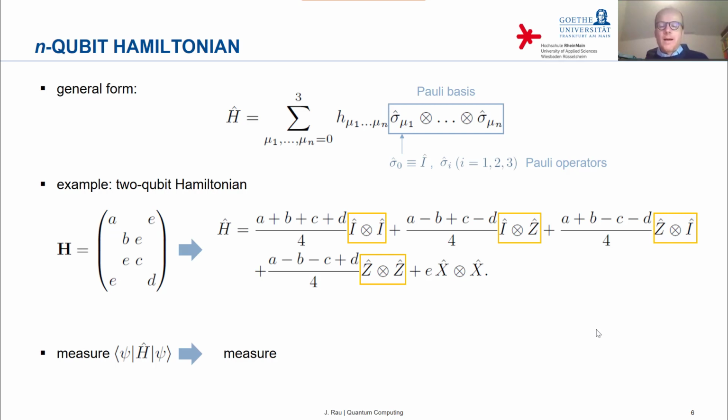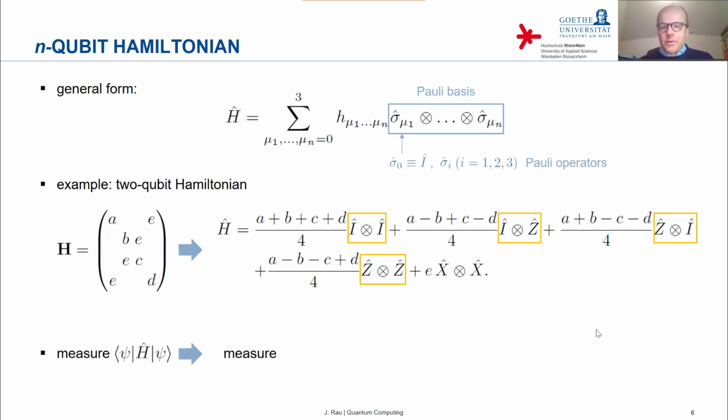So in our particular example, this amounts to determining or measuring the expectation values of these various tensor products that I enclosed in yellow.